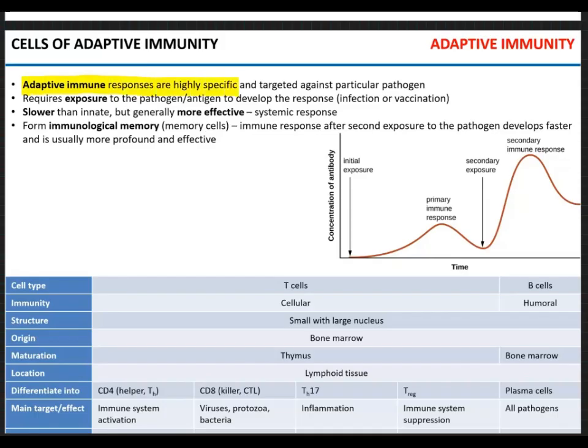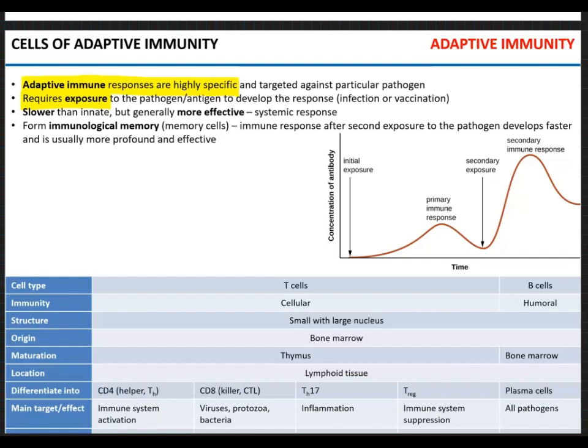Adaptive responses are specific, and they're targeted against a very specific pathogen. Because of that, they require the exposure. So without you being exposed, for instance, I bet none of you have any immune memory about, say, Marburg virus, because you've never been exposed to it, okay?